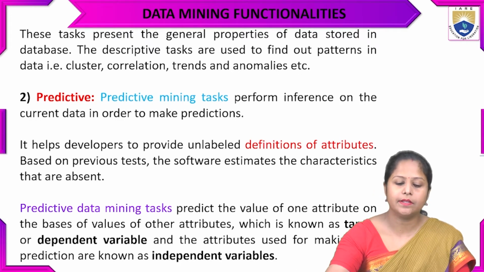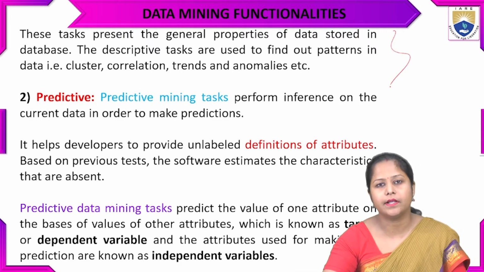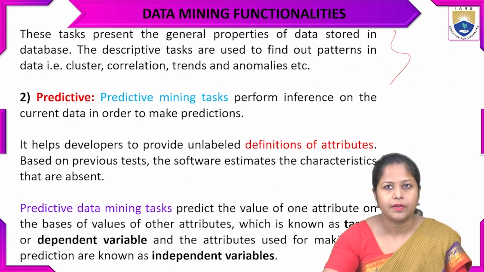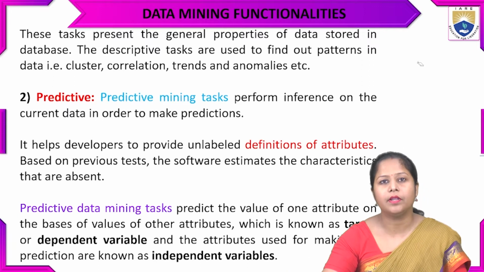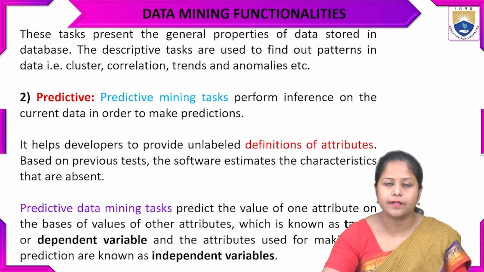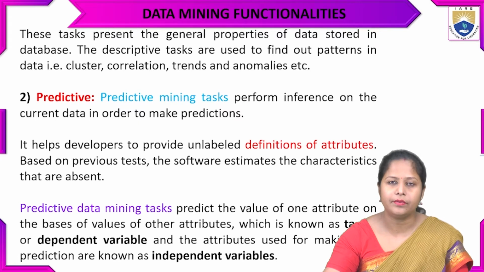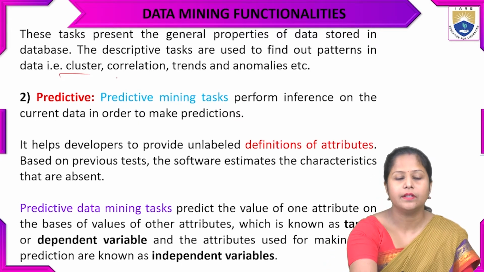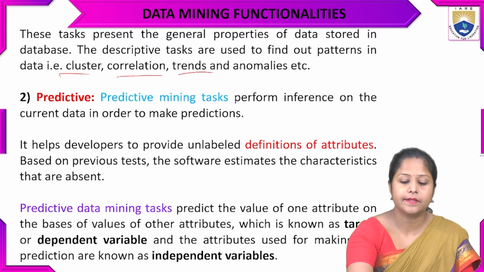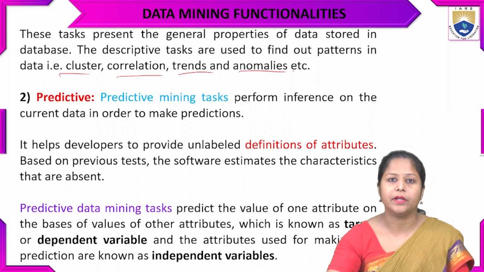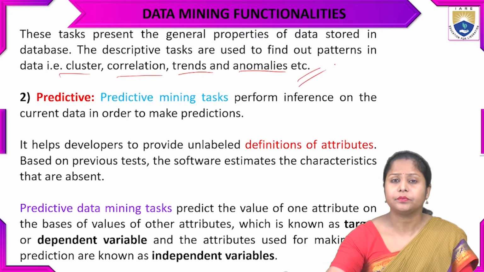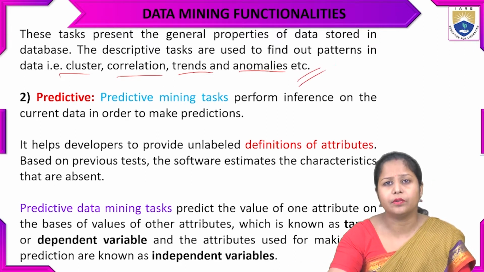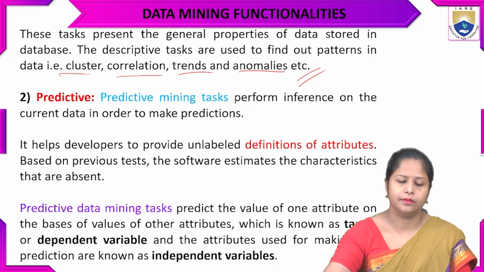These tasks present the general property of the data stored in the database. Descriptive tasks are used to find the patterns in the data. So how do we get the patterns? We use certain types of algorithms, that is clusters, correlations, trends, that is patterns, and anomalies. By these algorithms we will find the different patterns.